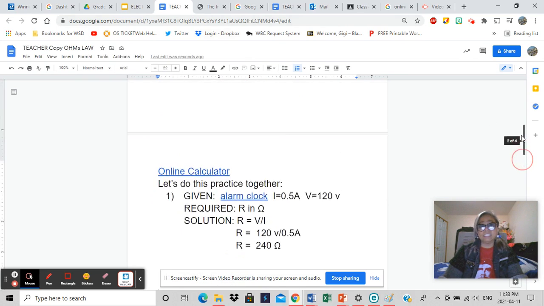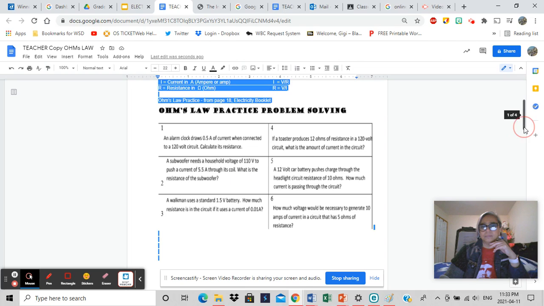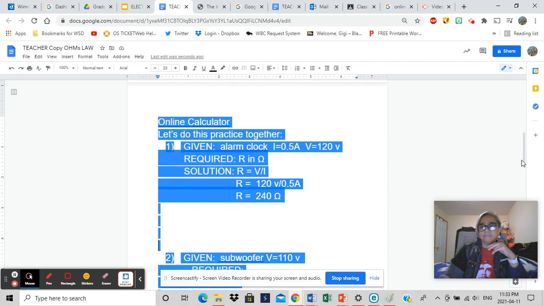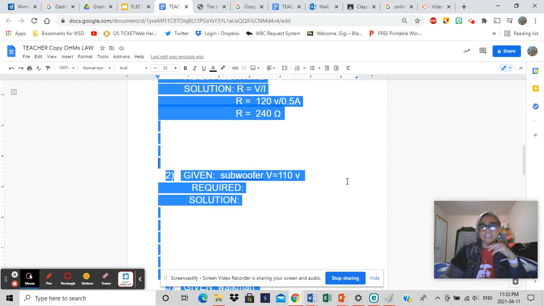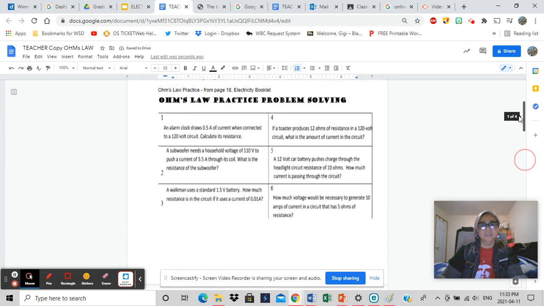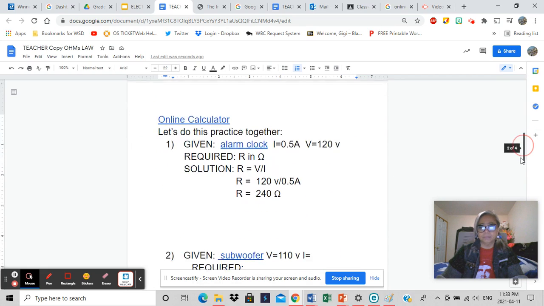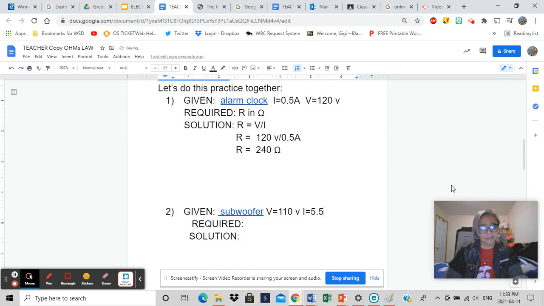So what else is given in the problem? 110 volts to push a current of 5.5 A. A again is what? You're correct. That's current, right? And current is represented by capital I equals 5.5 A, ampere.